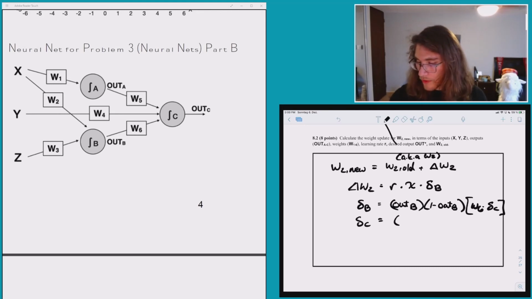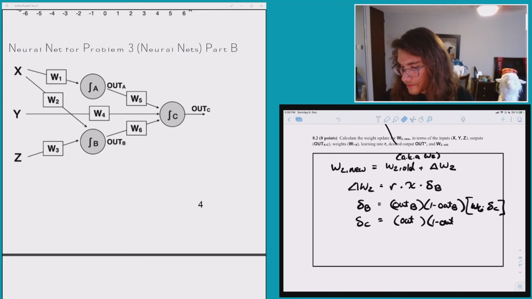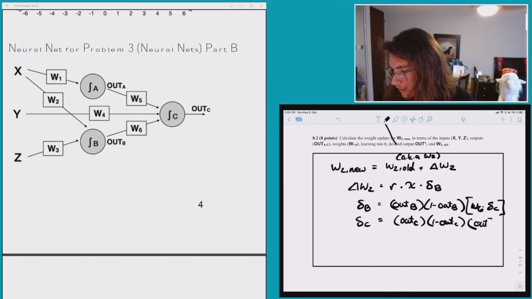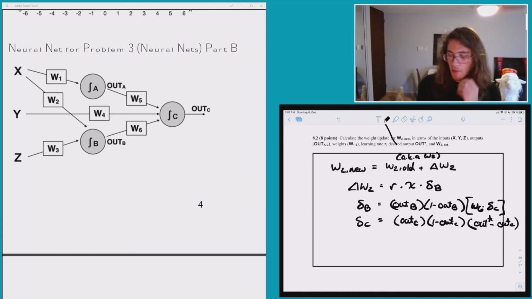It starts with the derivative of the sigmoid threshold function, out C times 1 minus out C, not out B, out C. Then because it's an output neuron, we have the derivative of the loss function, which is out star, the output that we wanted originally, minus out C, the output of the network itself.